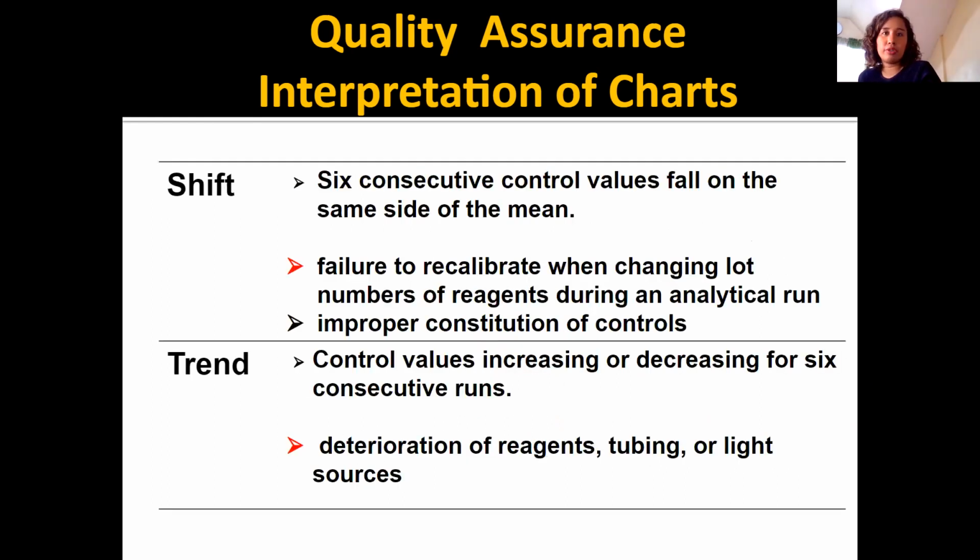So, your shift happens when there are 6 control values that fall on the same side of the mean. Okay. Trend is a positive or increasing or decreasing 6 consecutive runs. So shift daw, it happens when you do not calibrate every time there is a lot number change.